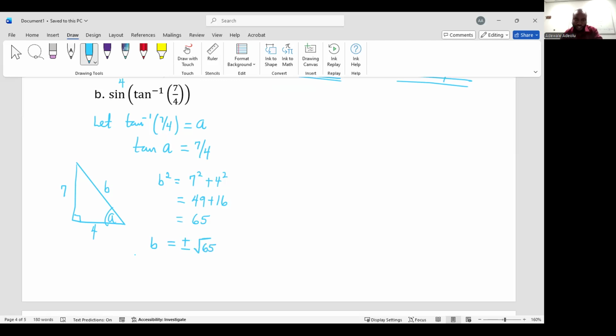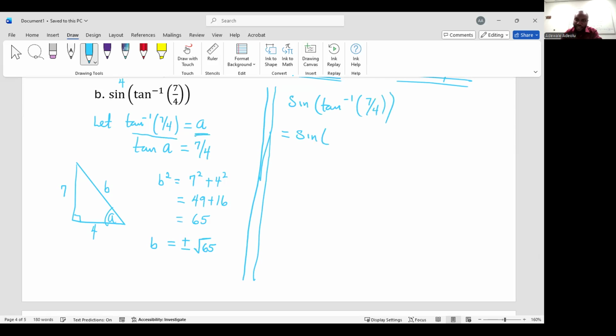Looks weird, but yeah, it is correct. Now, it turns out that sine of tangent inverse of 7 over 4 is the same thing as sine of, remember, we have replaced everything inside by A, so it's the same thing as sine A.